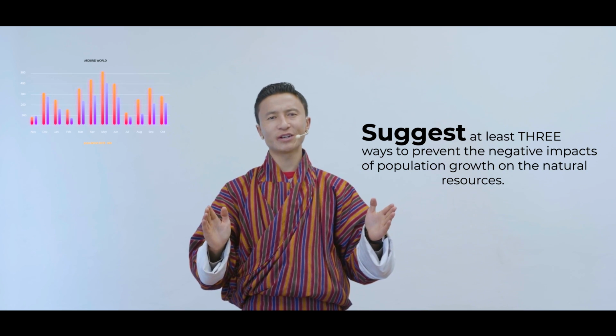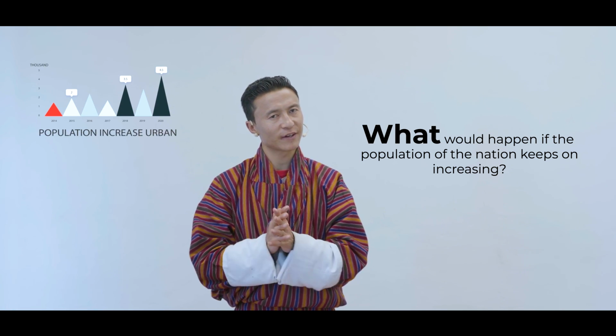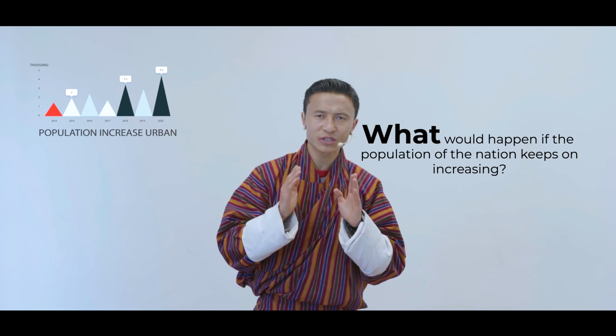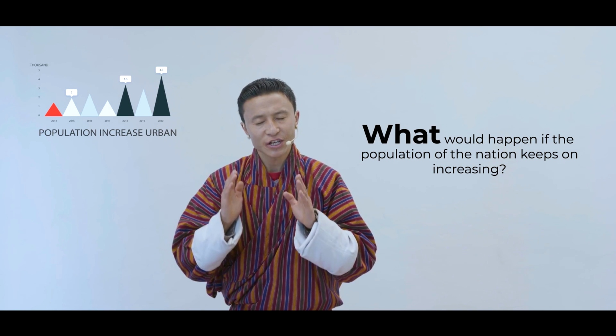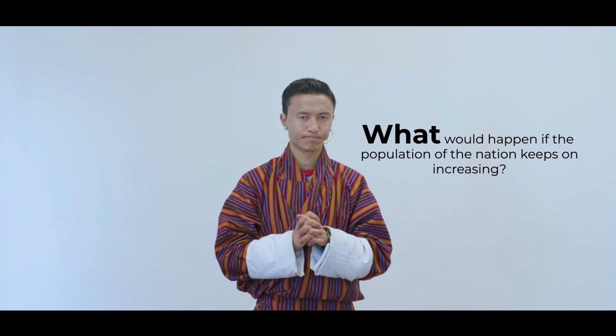And the third one is purposefully kept to make you think. And this is what would happen if the population of the nation keeps on increasing. These are the three questions that you need to reflect. I am signing off. Thank you very much.